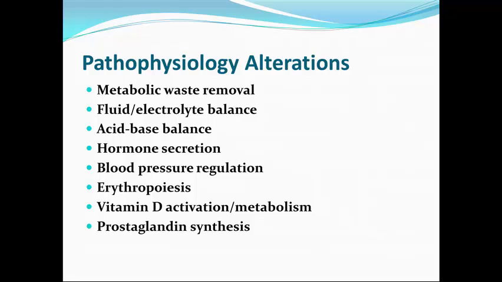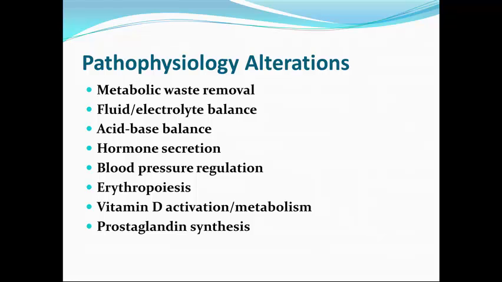Hormonal secretion is a critical piece of what is affected in pathophysiology of the kidneys. We think about blood pressure regulation, the ability of the tubules to continue to respond to aldosterone, ANP, ADH. The other two hormones that are critical to homeostasis include erythropoietin for erythropoiesis and D-hydroxycalciferol, which is critical for vitamin D activation and metabolism, and therefore our bone metabolism.